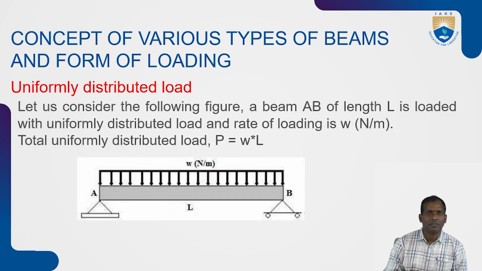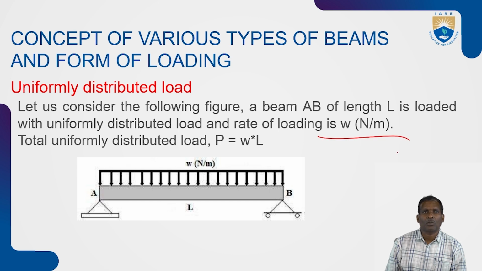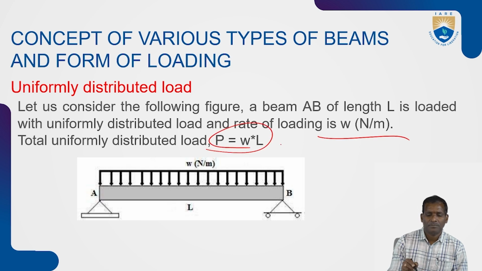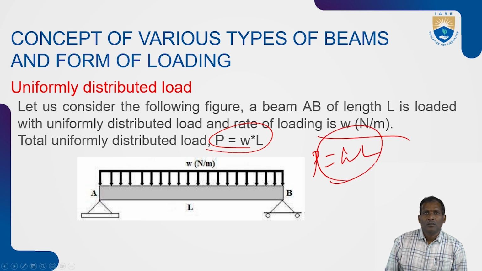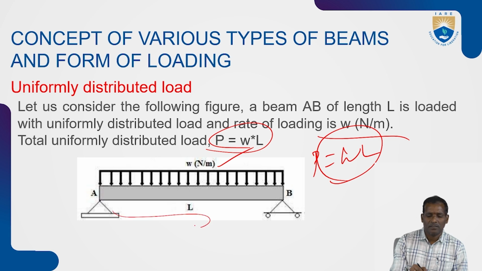So here the diagram is shown. Let us consider the following figure. The beam AB of length L is loaded with uniformly distributed load. The rate of loading is W Newton per meter. The total uniformly distributed load is P equal to W multiplied by L. So W is here the rate of loading in Newton per meter, and L is the length of the beam.